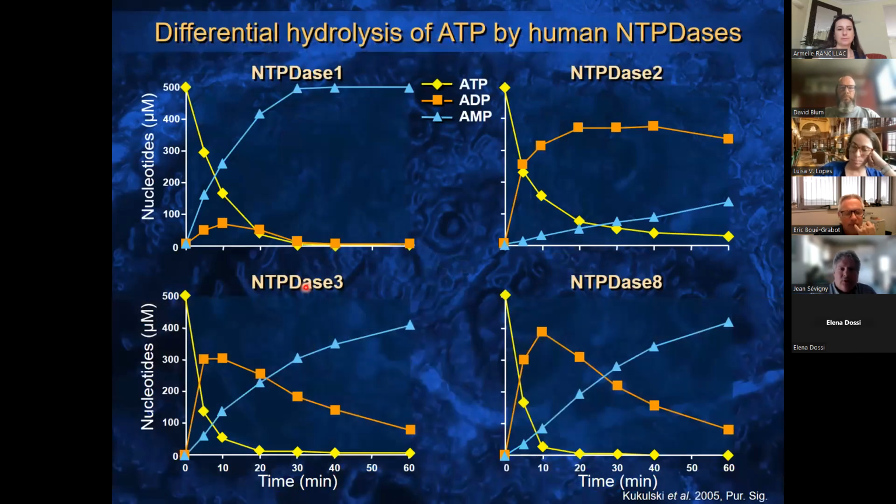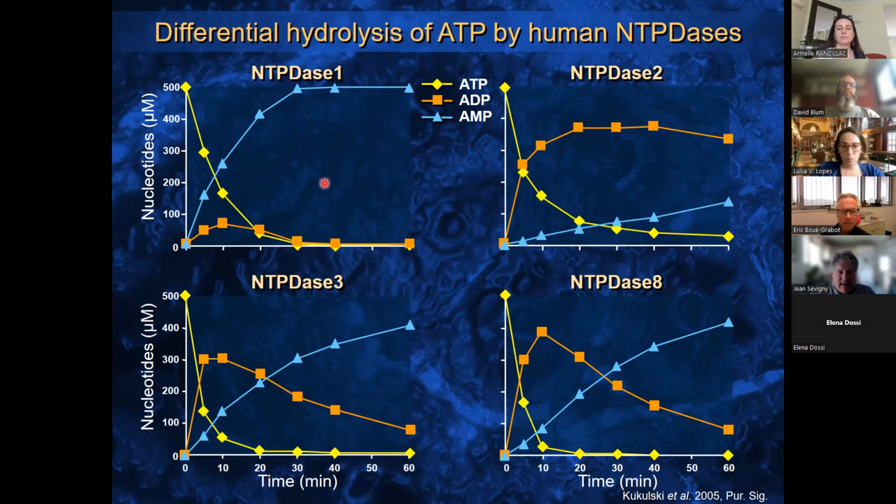So one way that NTPDases can regulate P2 receptor activation is obviously by the hydrolysis of nucleotides. And here I show the hydrolysis of ATP in yellow by NTPDase 1, NTPDase 2, 3, and 8.